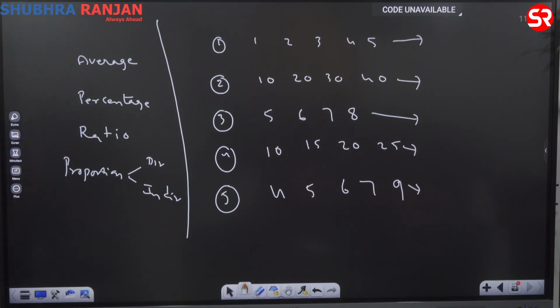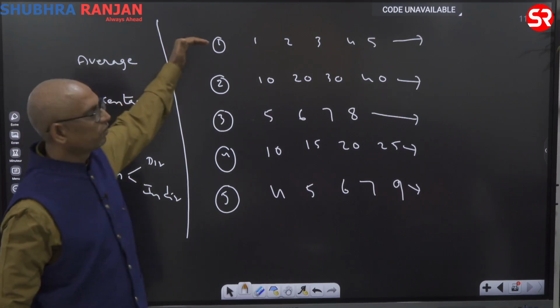Do it fast. Completed? Everyone? Now tell me what is the average of 1, 2, 3, 4, 5?